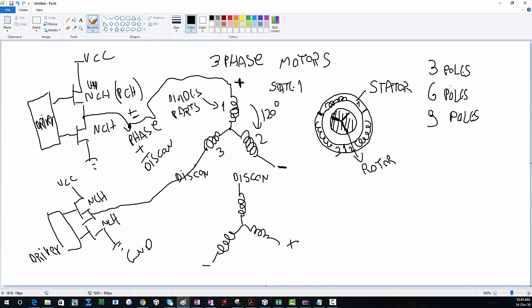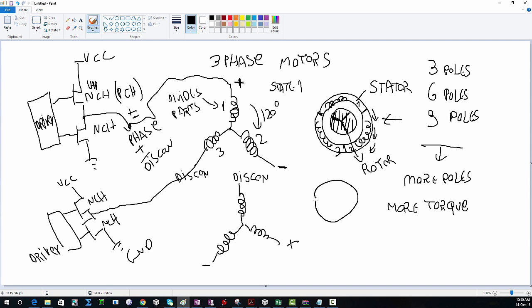Okay, so about the difference between the number of poles, I will give 2 major things. First, if we have more poles, we can apply more torque or more power to the same motor, because each change it will do a little step. If we're talking about 9 poles, we will have to apply 9 changes in order to do a full rotation of the motor.